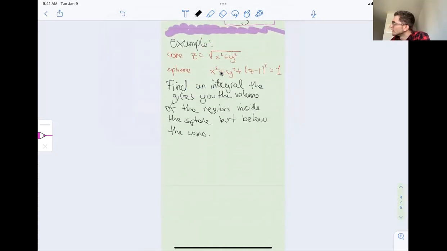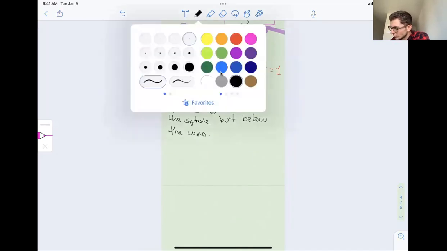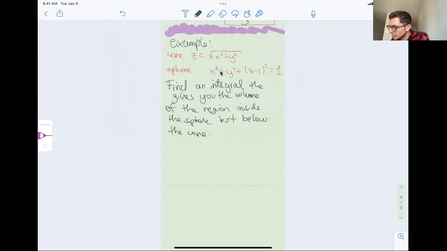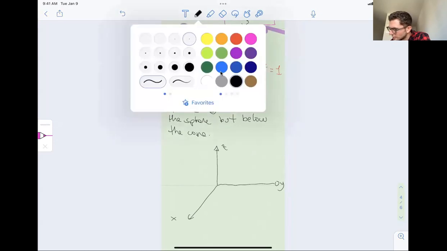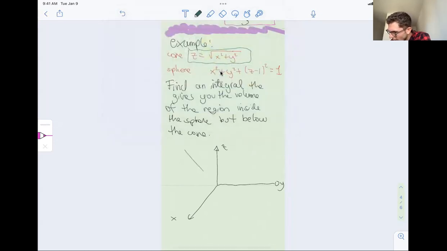So let's start with the cone, right? Well, let me start first by drawing XYZ. This is the cone, right?